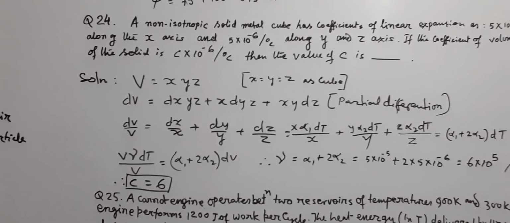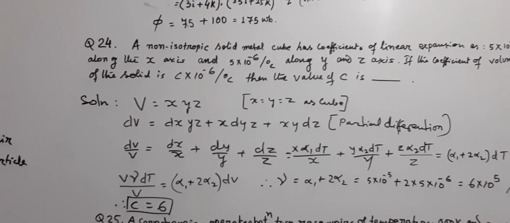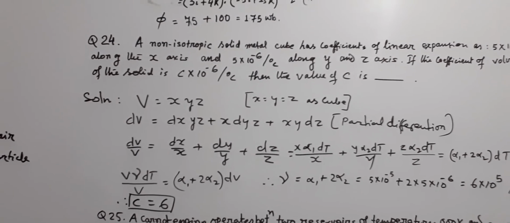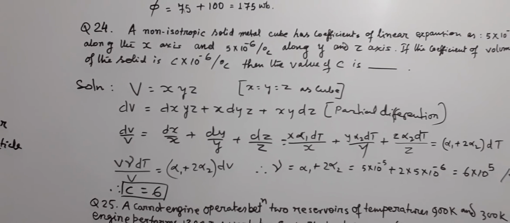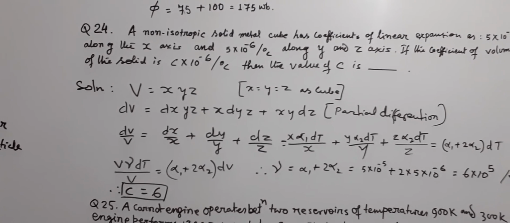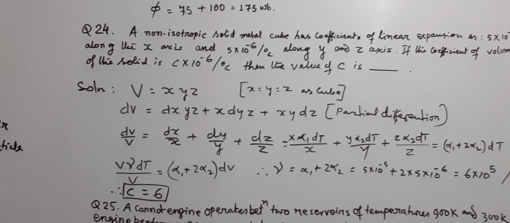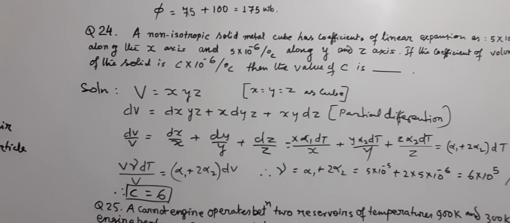Now, solving all, we get alpha 1 plus 2 alpha 2 times dt, and comparing left and right we can see that gamma will be alpha 1 plus 2 alpha 2. Now, values are known. After putting values we get 6 × 10^-5 per degree Celsius. That means C will be 6.